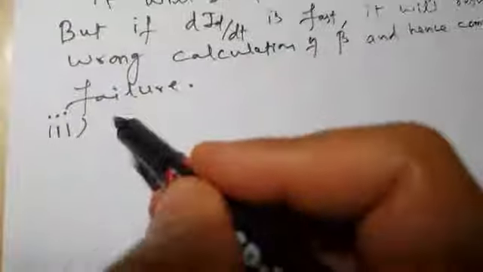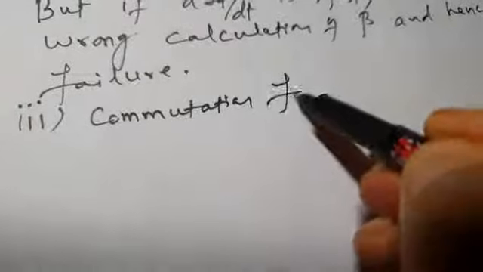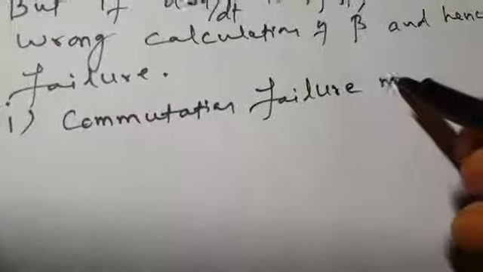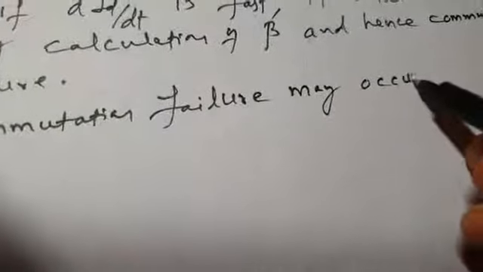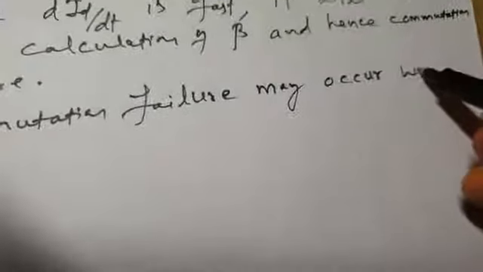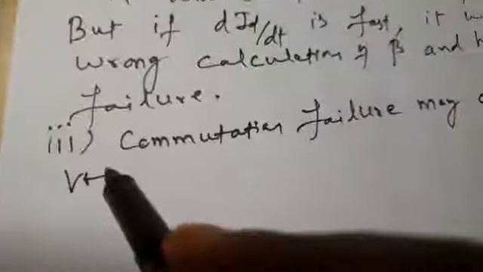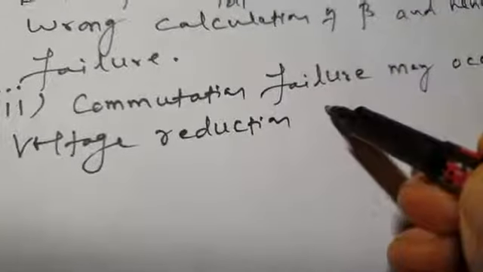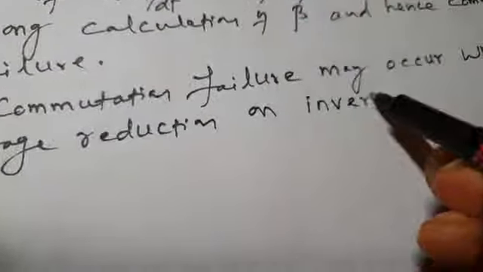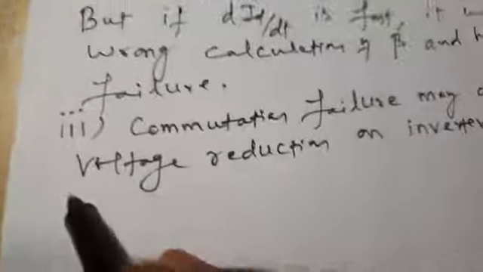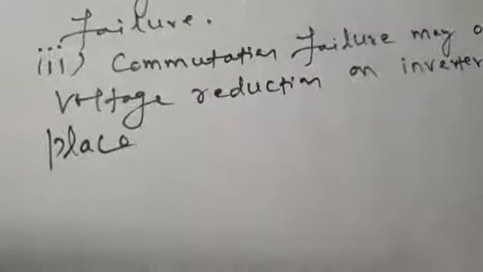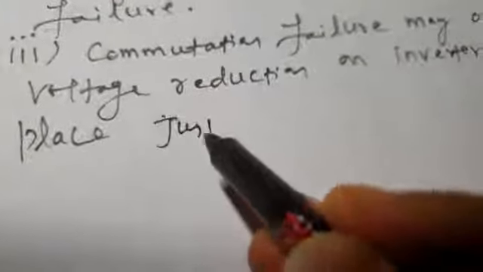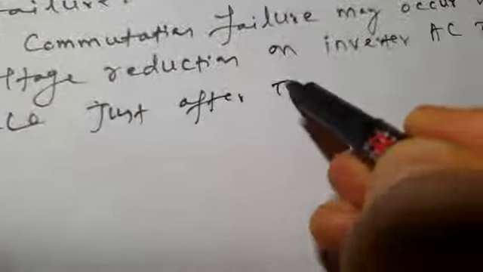Third is, I will write here, commutation failure may occur when voltage reduction on inverter AC side takes place just after the firing of a valve.